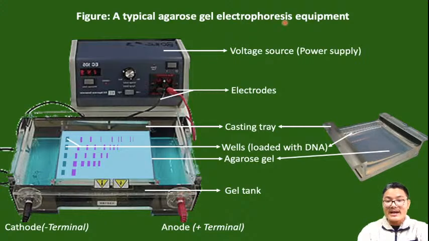There is movement, migration with the help of electricity from the negative terminal, the cathode, to the positive terminal, the anode. Suppose this DNA fragment is our desirable gene. Then we can cut this DNA and amplify it, making thousands of copies with the help of PCR.